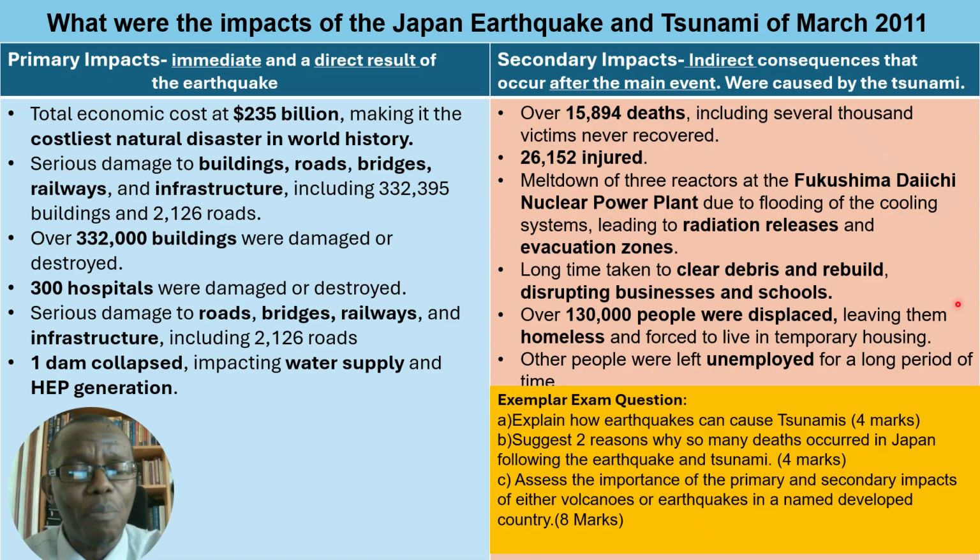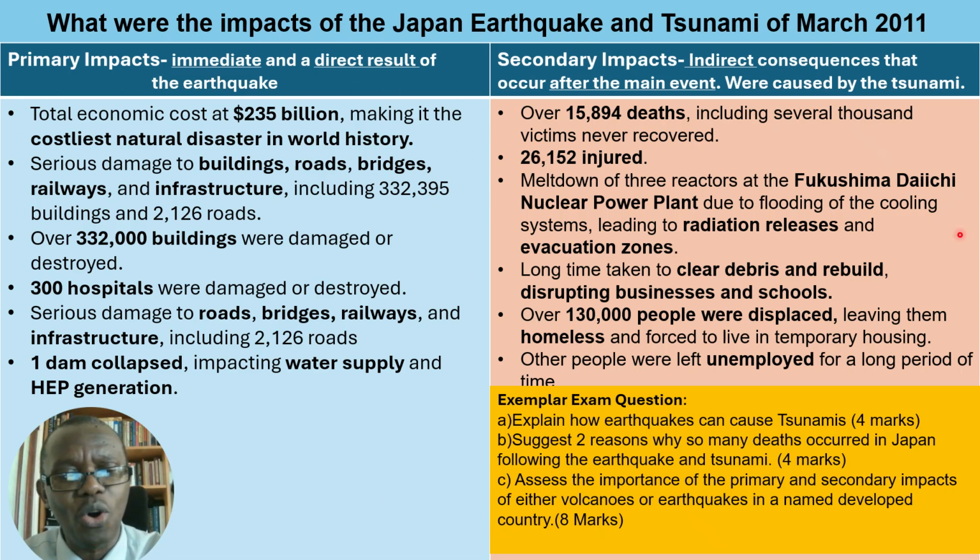Now, if we compare that to Nepal, when we were talking about the Nepal earthquake, we said that the cost of reconstruction was $7 billion. That's a big difference when you compare 7 billion to 235 billion. So Japan suffered a lot more costs in terms of damage.